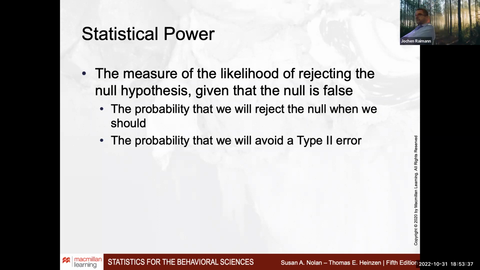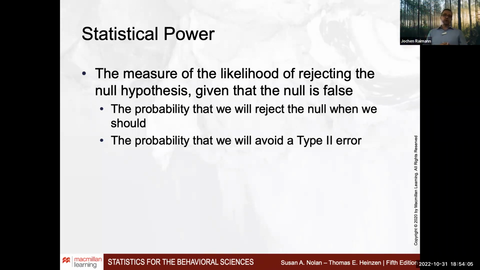So you have a sample drawn from your population, and there is a certain risk that you are rejecting the null hypothesis of this sample mean being identical to your population mean. There's a certain risk that you're rejecting something that you shouldn't have rejected. And this is called a type 1 error. So this is, so to say, a false positive.